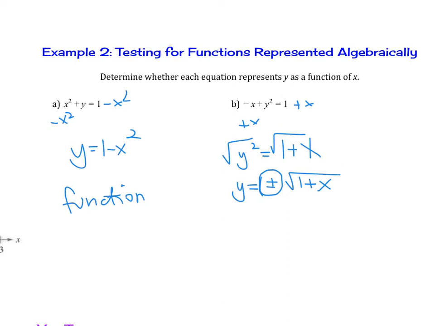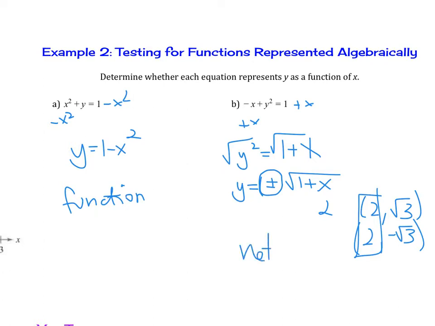If we plugged in 2, for example, when x is 2, you would get y is positive root 3, and then you'd get negative root 3. So for the same value x, you get two different y values. So this is not a function.